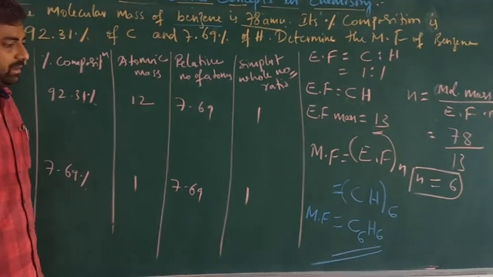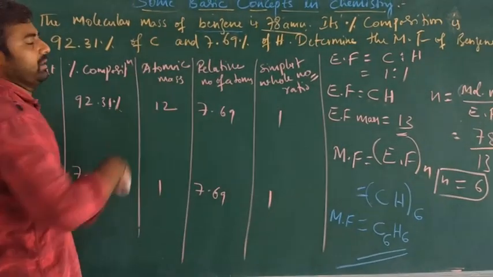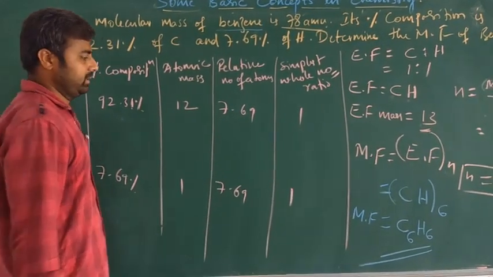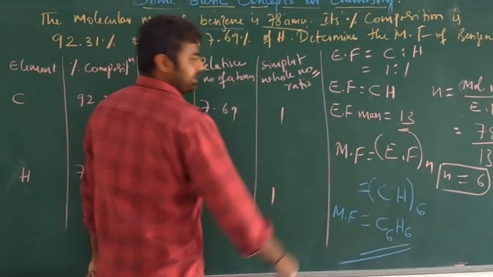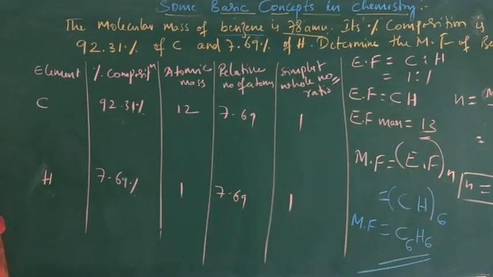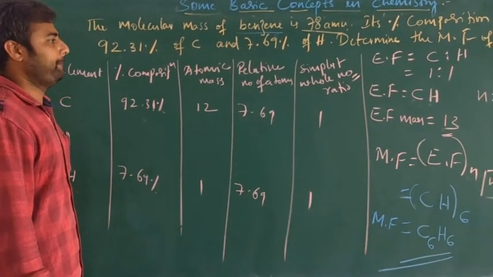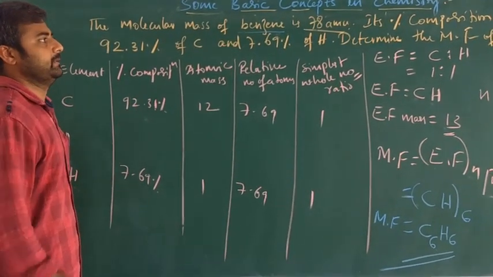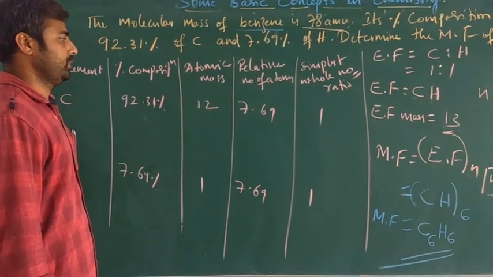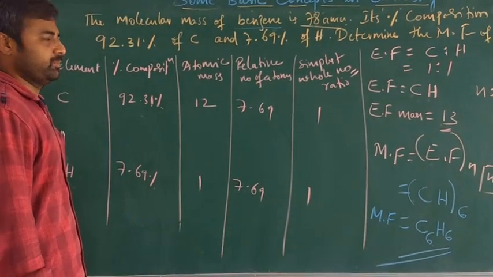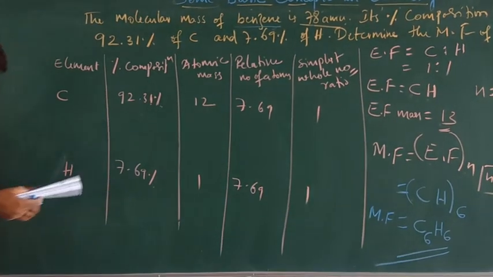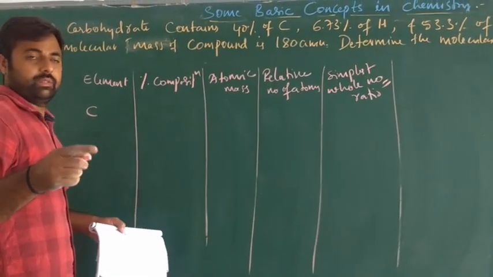That is the molecular formula of benzene, which they have asked. This is the way of determining the molecular formula of a particular compound by using the given data. I hope you understood. Yes. Let us move on to the next problem.